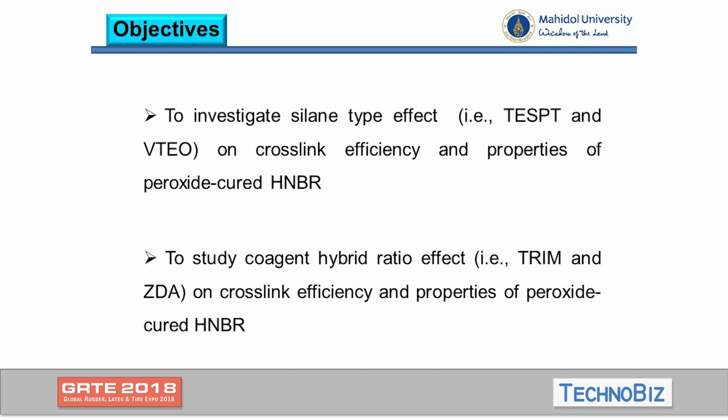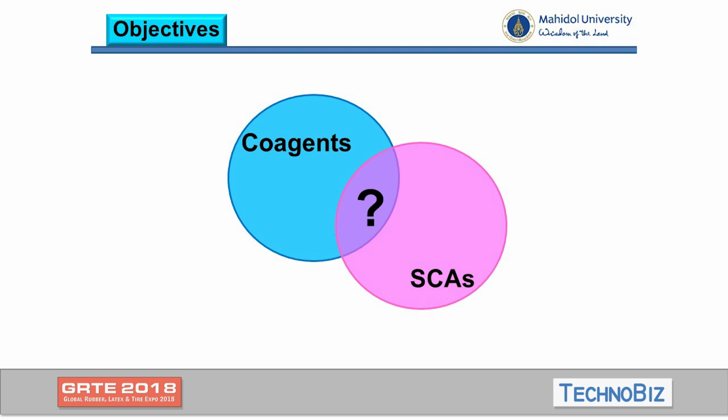The next one is to study the coagent hybrid ratio effect, including TRIM and CDA, on the cross-link efficiency and properties of peroxide cured HNBR. In other words, this work will focus on the synergistic effect of using coagent and silane coupling agent.